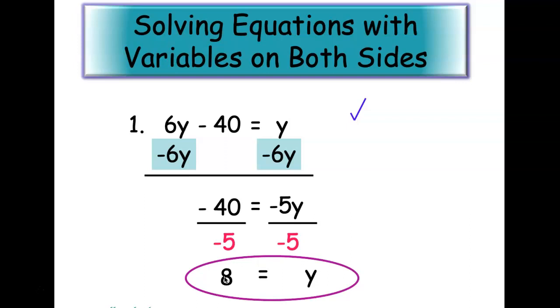Oh, before we do, let's check your answer so we know that you have the correct answer. By checking, you need to replace the variable by the answer or the solution that you have. So y is 8, so you can copy this equation over here, 6, and then change y to 8.